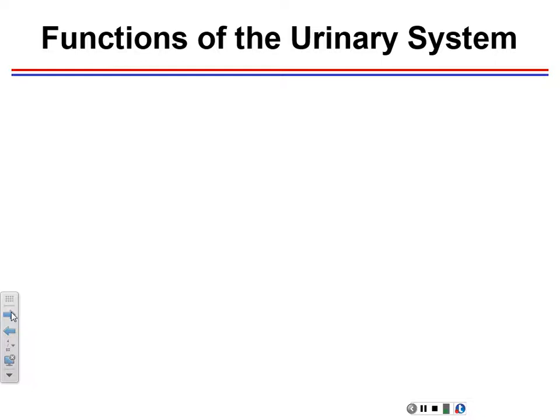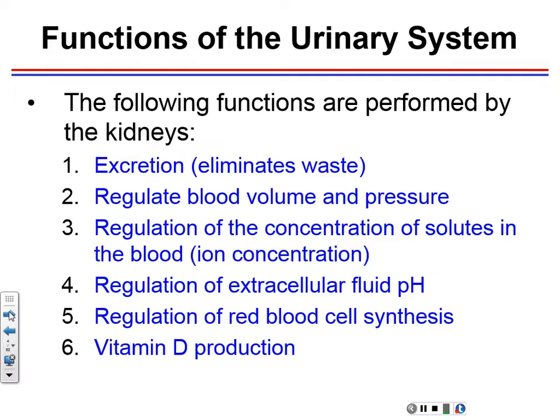Continuing on with functions of the urinary system. Like I said, we're going to focus a lot more on the functions of the kidneys, because the kidneys are doing the bulk of the work. They eliminate waste, and this is metabolic waste. The reactions that occur in our body produce byproducts and waste that the urine gets rid of from the blood.